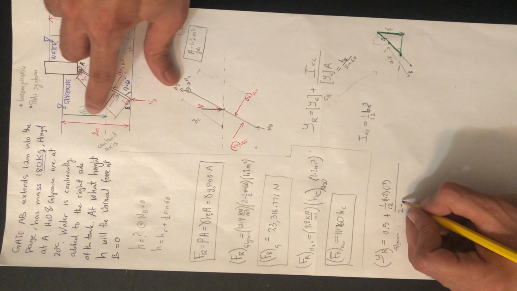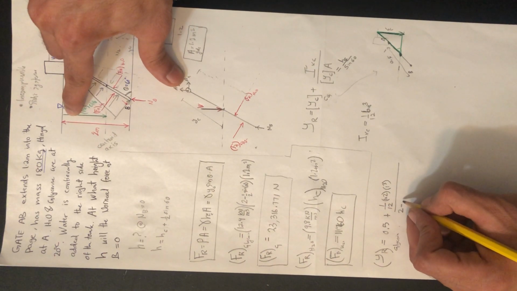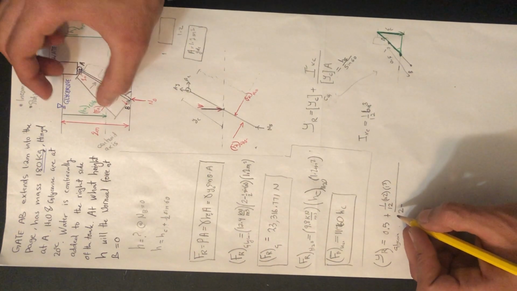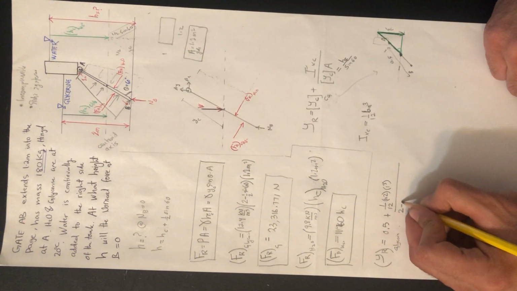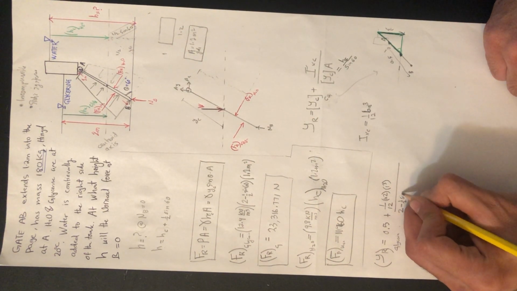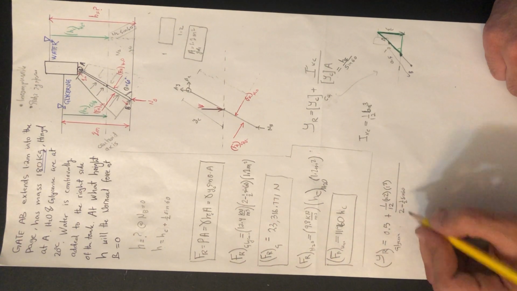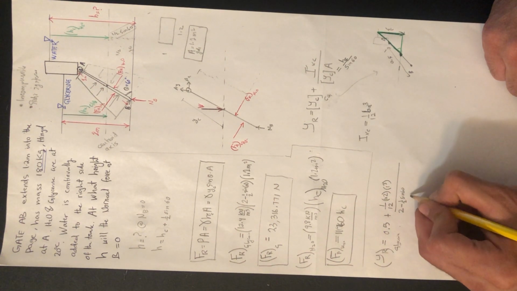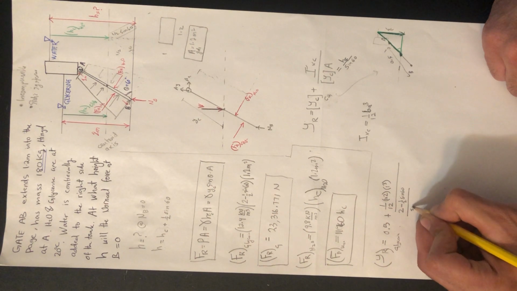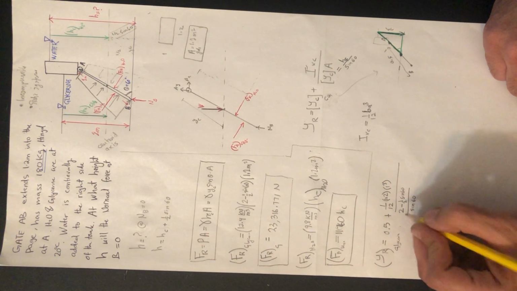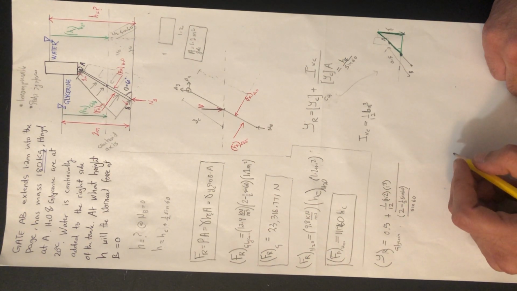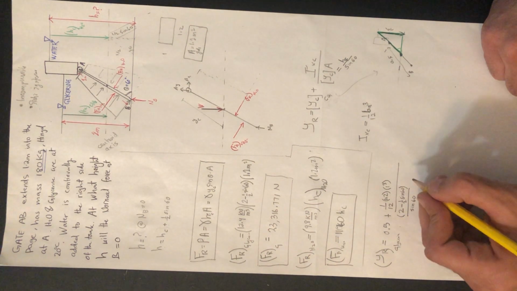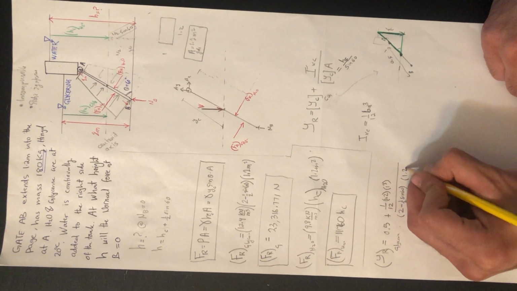This is our HC value, and we want this distance, so we would subtract the vertical from 2, over sine 60 times the area.